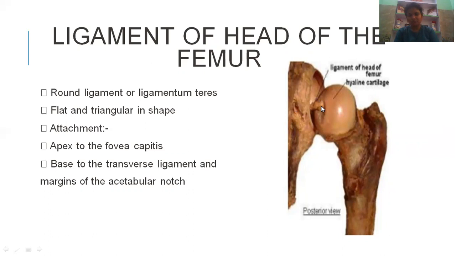Then the base is attached to the transverse ligament and the margin of the acetabular notch. This is the acetabulum, and there is the acetabular notch. So it is attached from the apex at the fovea capitis to the base of the transverse ligament and the margin of the acetabular notch.